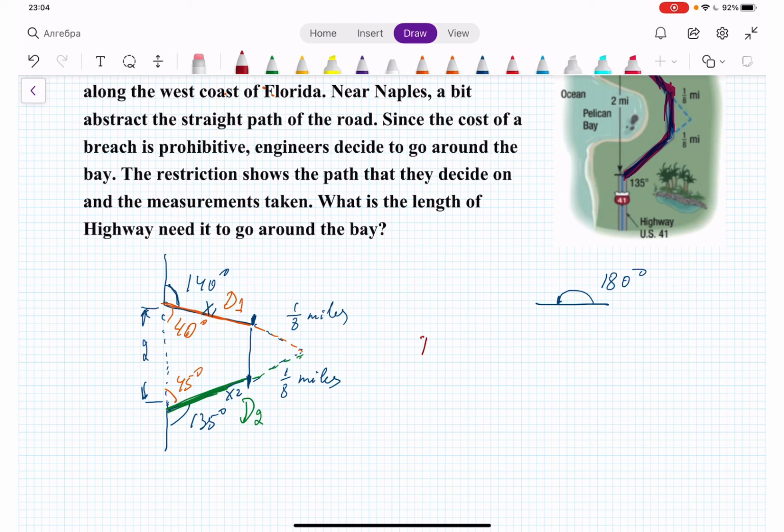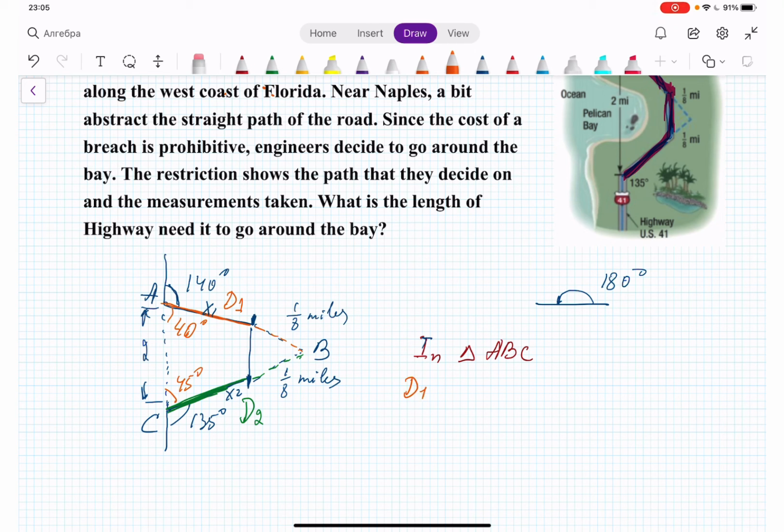I'm using this entire triangle, and the triangle is going to be A, B, C, okay? In triangle ABC, I'm making a proportion or a ratio.